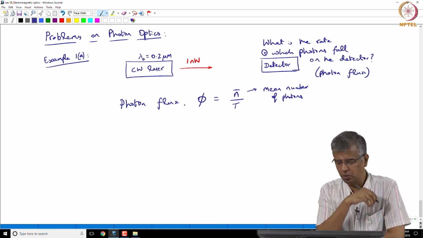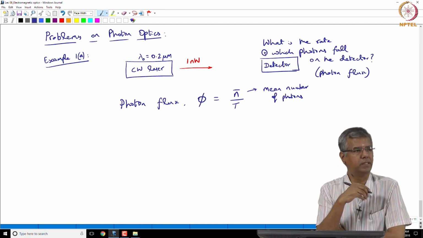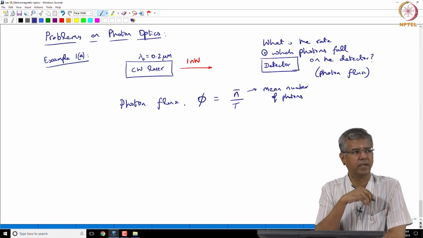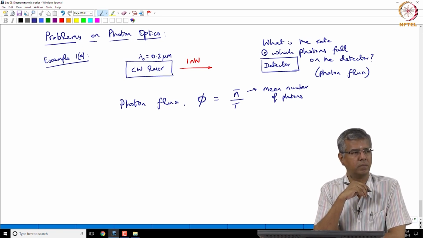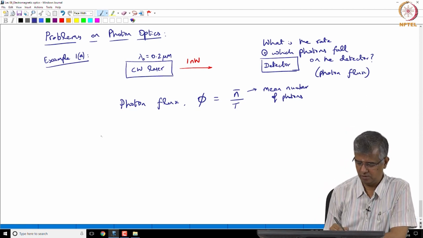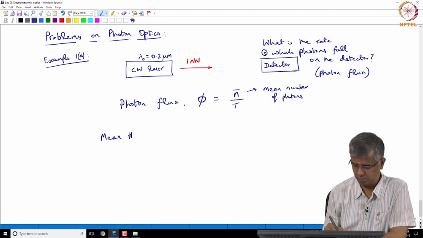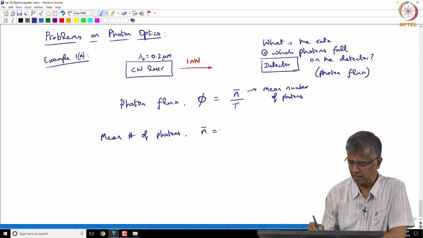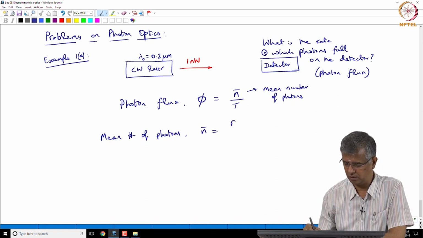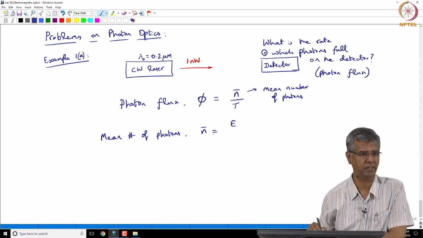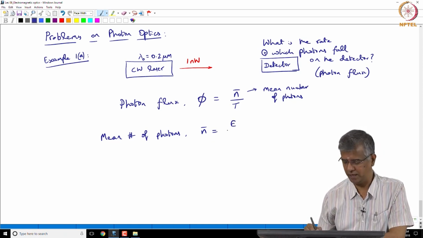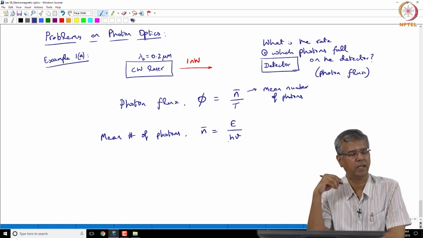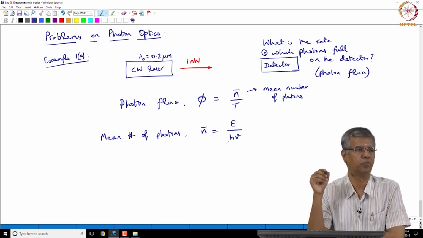If you know the energy of light, can we find the mean number of photons? How is the mean number of photons n bar related to the energy? It is the energy of your radiation E divided by h nu, which is the energy corresponding to a single photon.